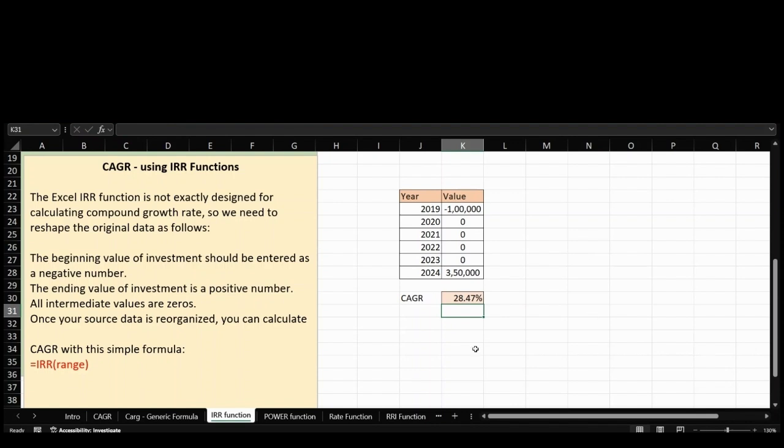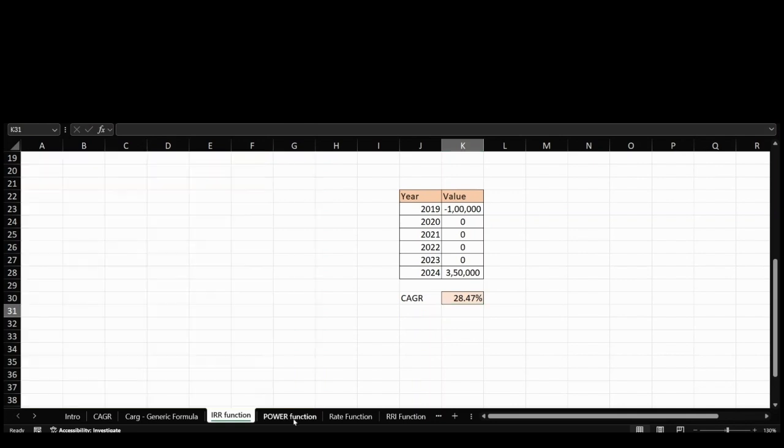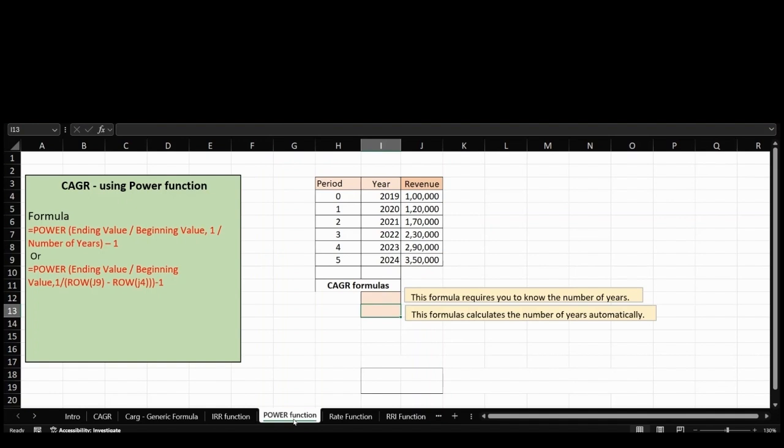So we got 28.47. So we have calculated CAGR by using the IRR function. Okay, so now we'll use the power function to calculate CAGR. So this is the formula.